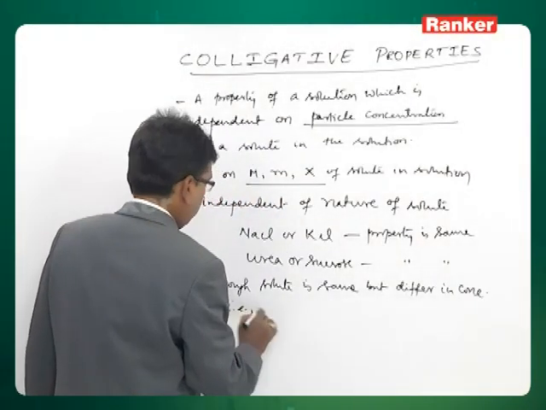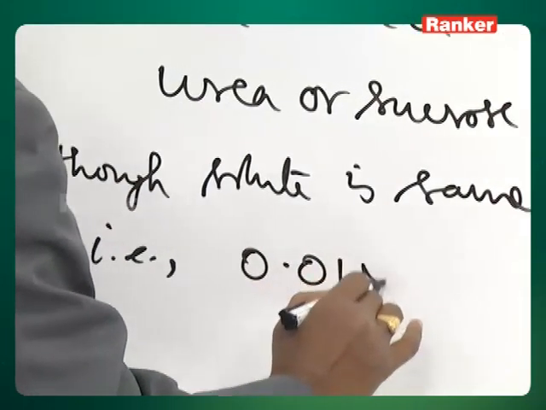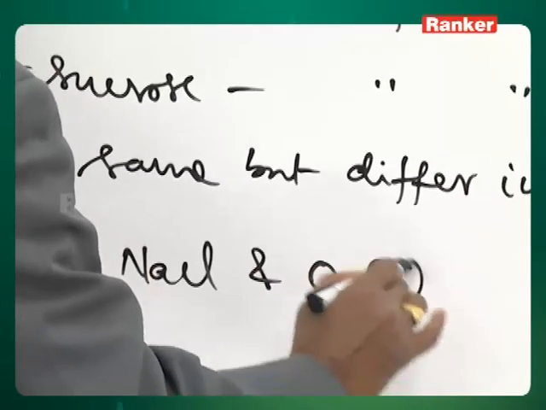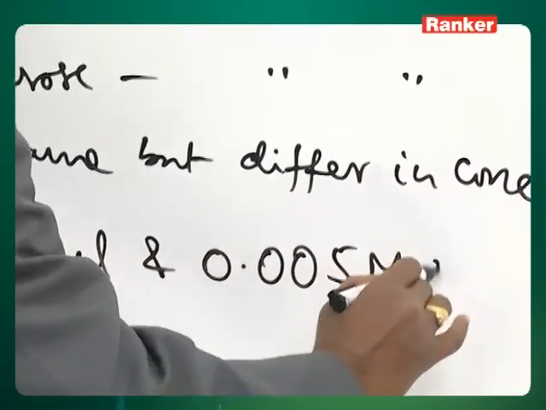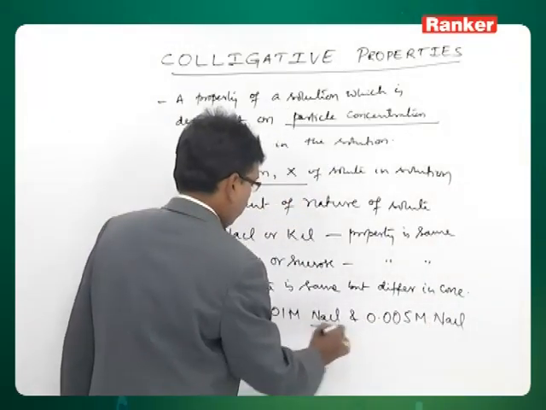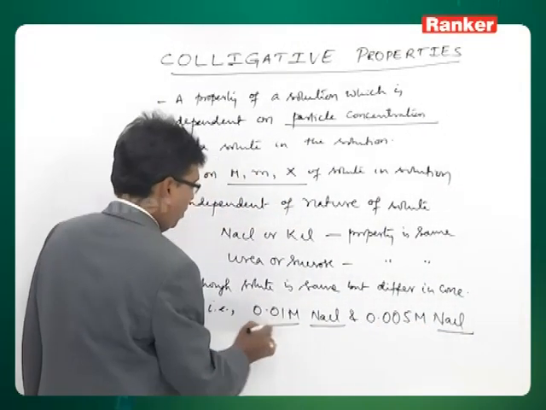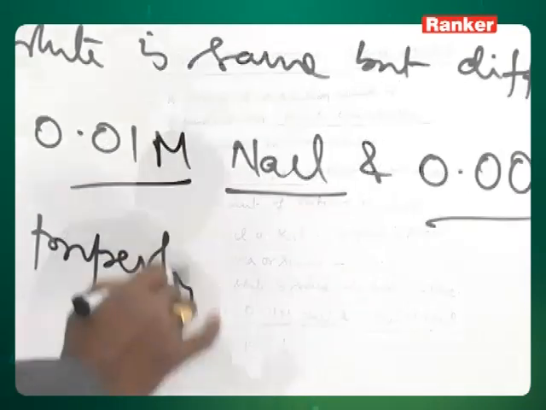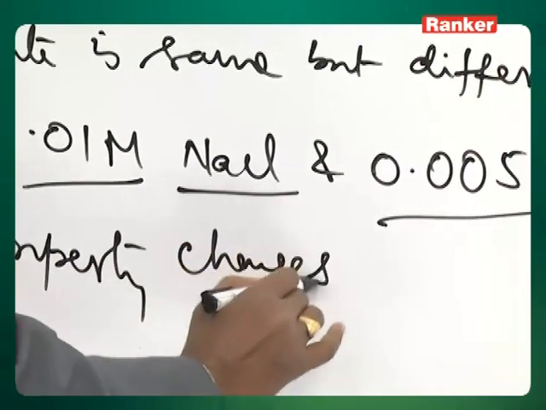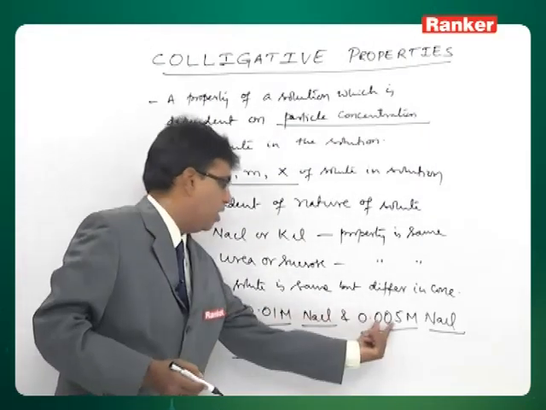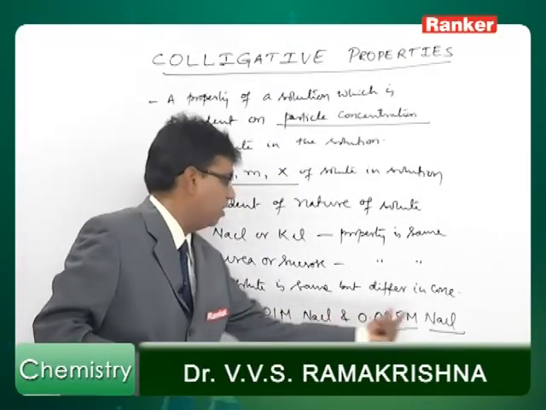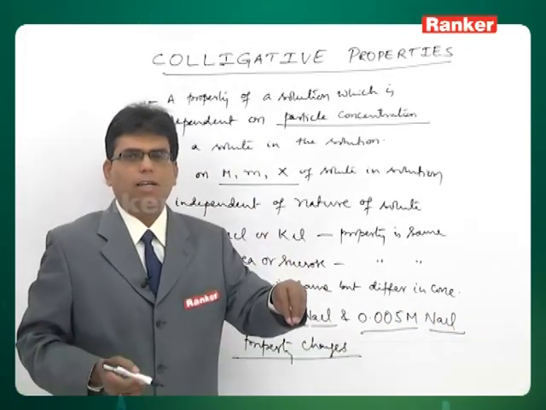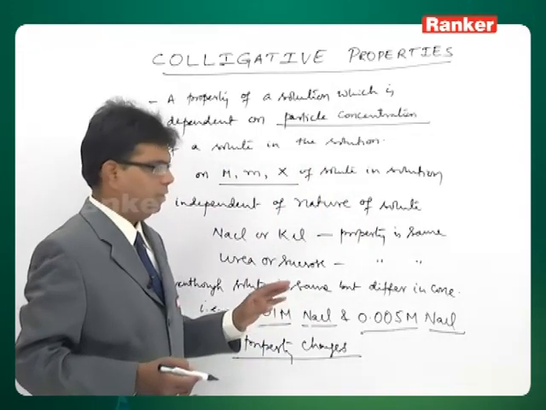That is, suppose you take 0.01 molar NaCl and 0.005 molar NaCl, the solute is the same but the concentration is different. So, the property changes. So those properties that change with the concentration only, not on the nature of the solute, are what we define as colligative properties, right.